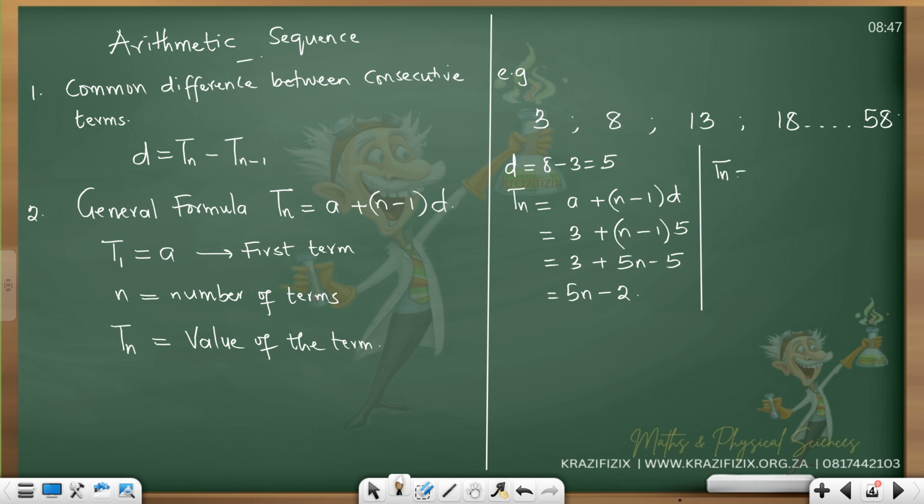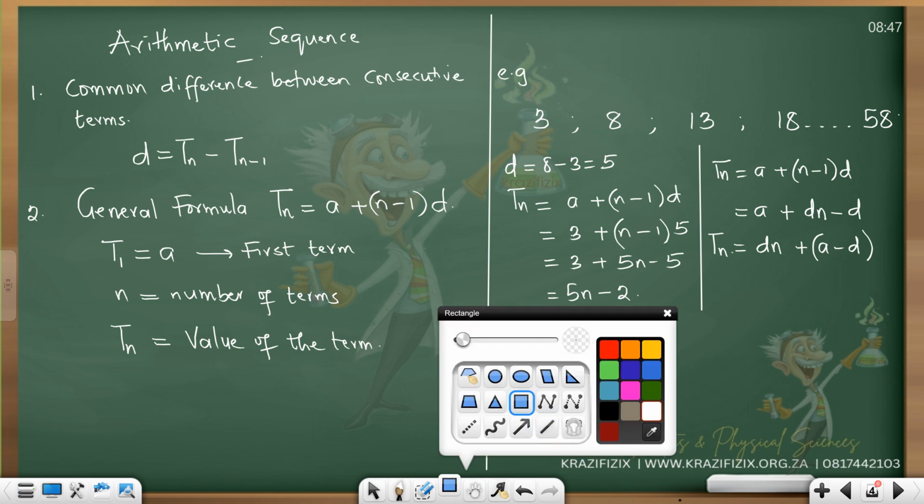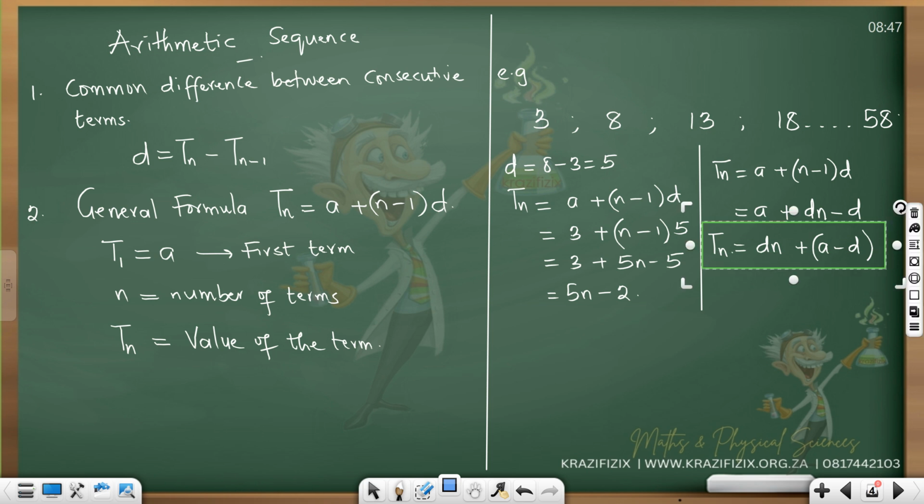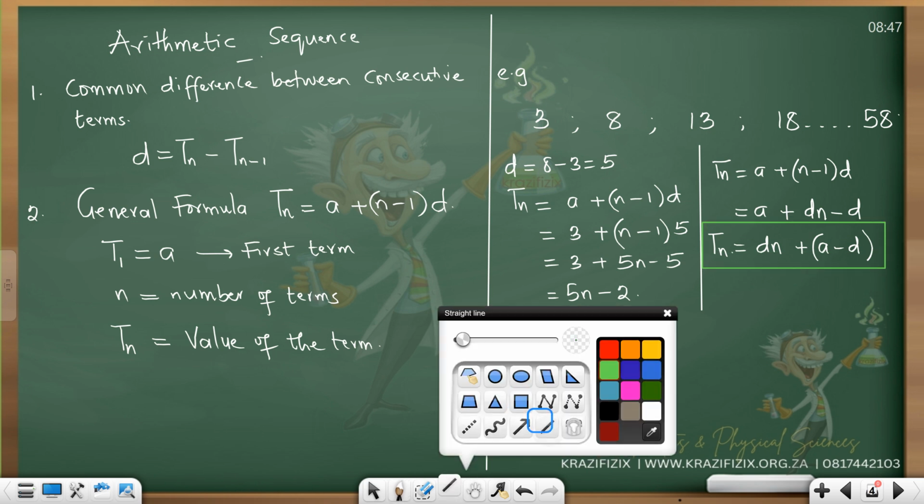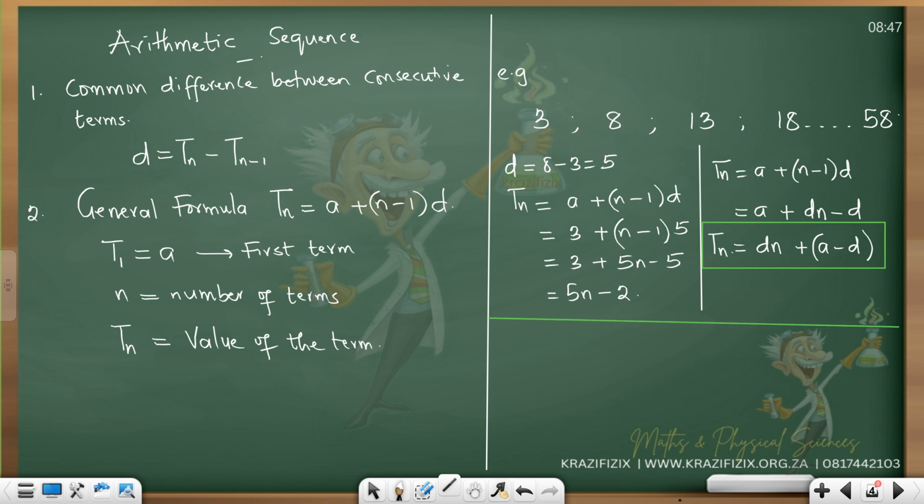From here, if I have Tn is a plus (n minus 1)d, and this is very important for you to see, let's open up the bracket. dn minus d. So what do I have? dn plus a minus d. Now, I want you to start seeing your formula like this. And this is 2 marks. So look at how I will implement this. Let me draw a line to show you the difference. There's nothing wrong with what you've done, but in grade 12, time is of essence. So look at what I'm going to do.